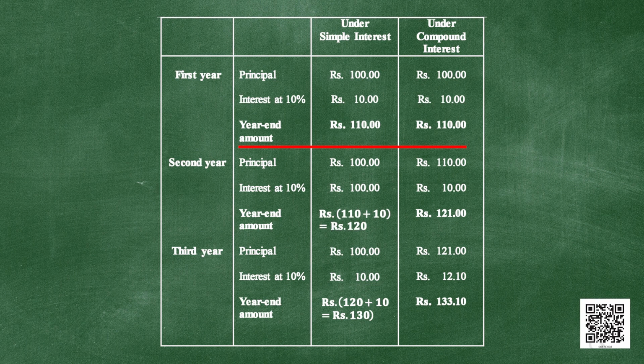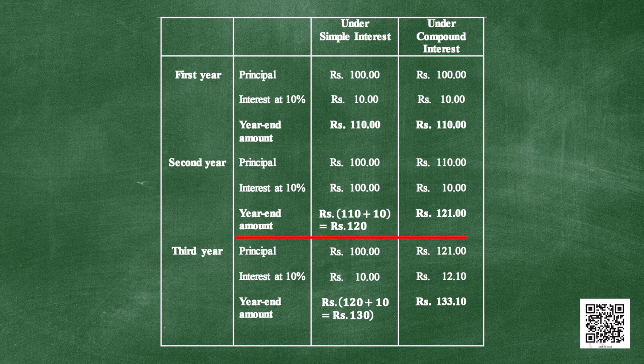For the second year, the principal amount will not change under simple interest, but under compound interest it is rupees 110, for which 10% will be rupees 11. Hence at the end of the second year the amount under compound interest will be rupees 121 and under simple interest it will be rupees 120, that is rupees 10 added to rupees 110.